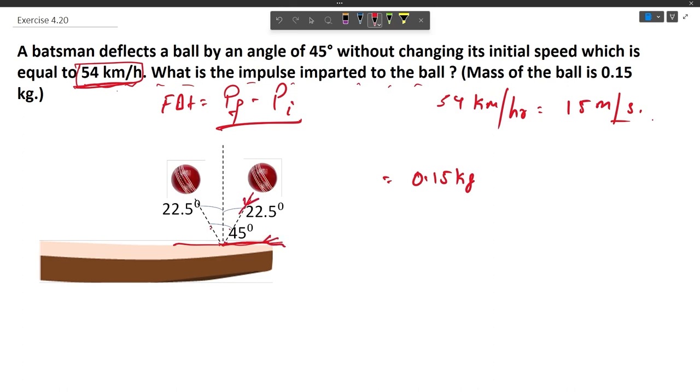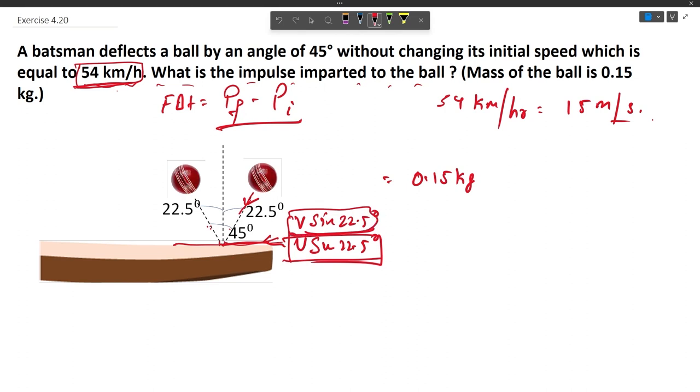The velocity in the horizontal component is v sin 22.5 degree, and since the ball returns back with the same speed, again the velocity component in the horizontal direction for departure is v sin 22.5 degree. So the component of momentum in the horizontal direction is unchanged. The impulse in the horizontal direction is going to be 0.